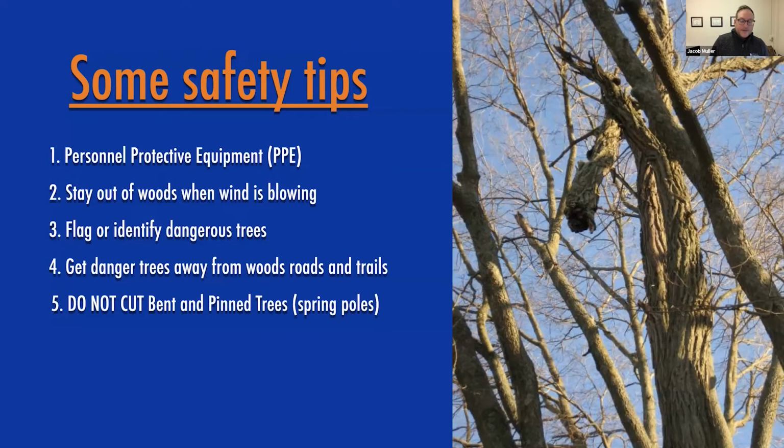So that's kind of the first priority in removing any trees. Right? Do not just go out and start cutting bent or pinned trees, because there can be a lot of tension in those bent trees. Right? We call those spring pulls. When you cut a tree, all of a sudden that tension is released and it can fly up and either fling branches or fall over in the other direction.